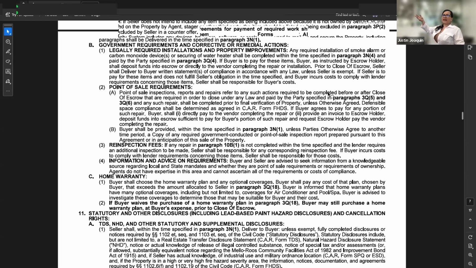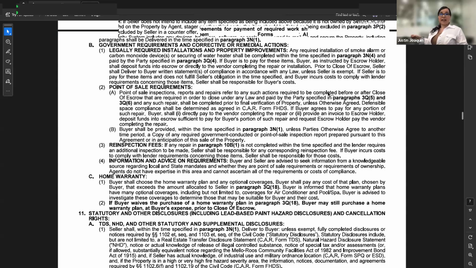Why? Because that is law. That's why the paragraph is called legally required. Anything other than that is not necessarily legally required. We'll talk about that because there are all sorts of new laws too that can affect that.